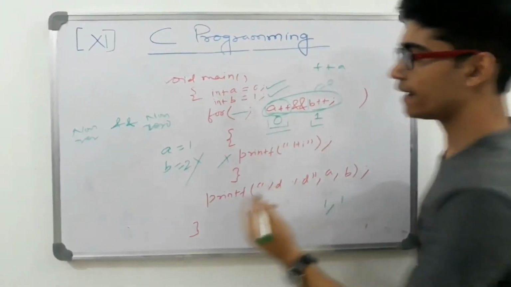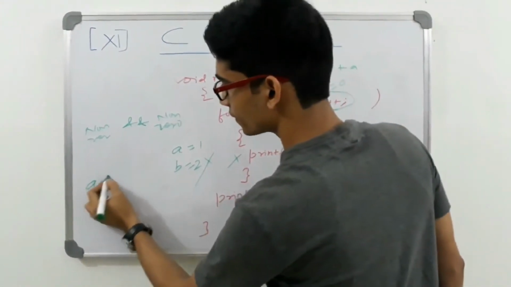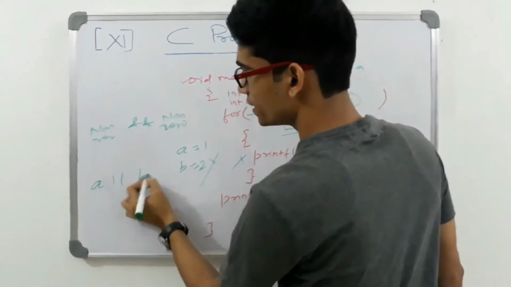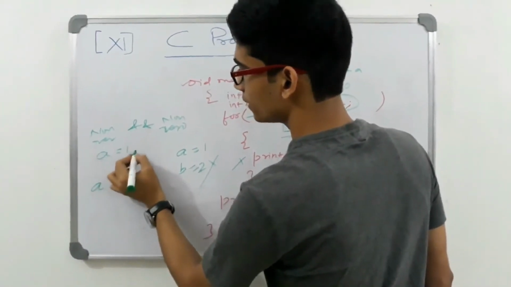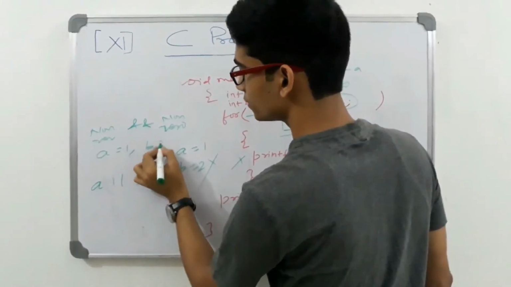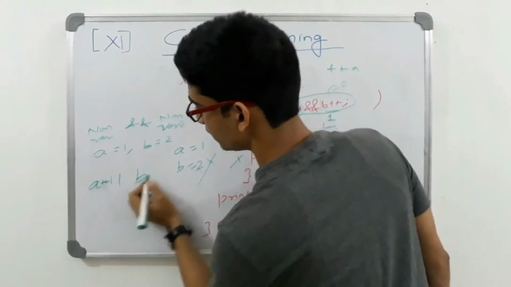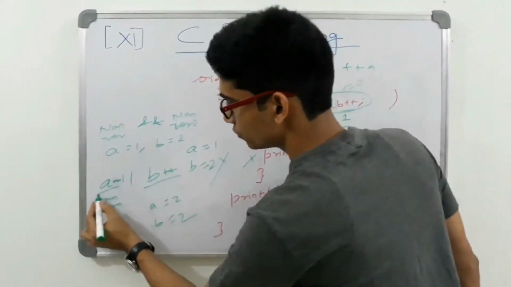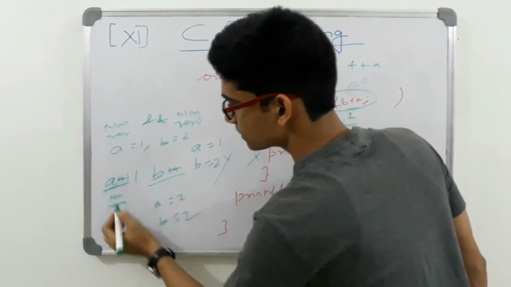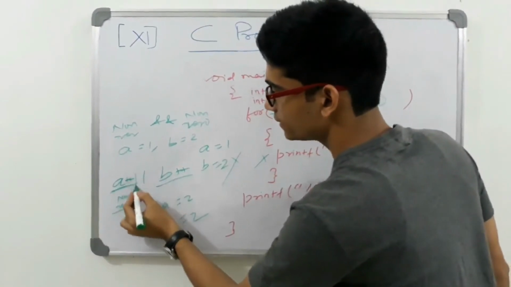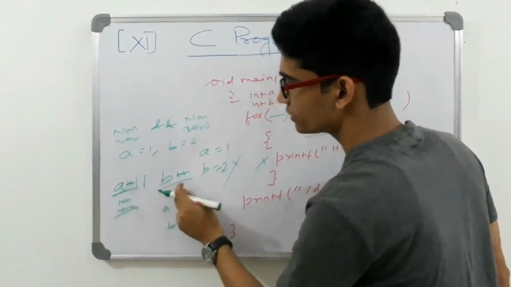Similarly, if I write a OR b, and suppose a is 1 and b is 2, let me write a plus plus OR b plus plus. So a plus plus is non-zero, and it is having a logical OR operation with b plus plus.